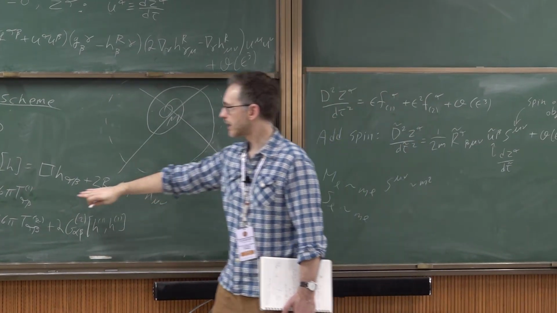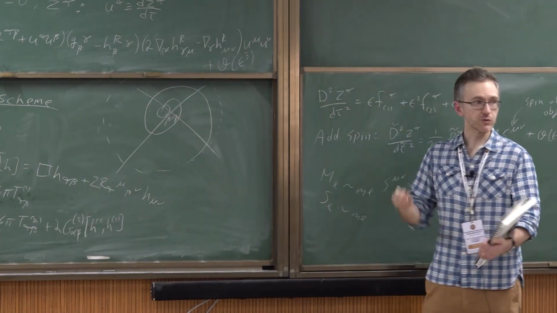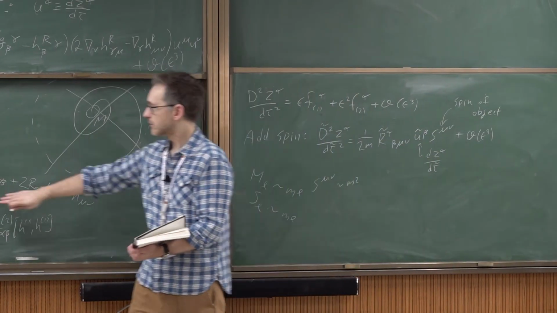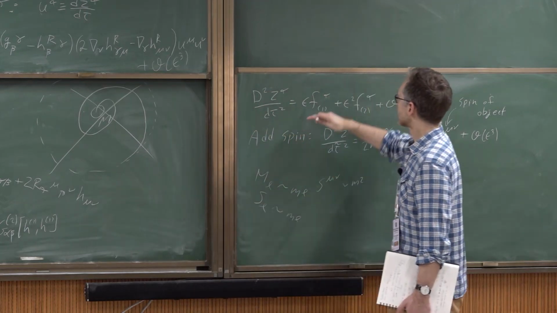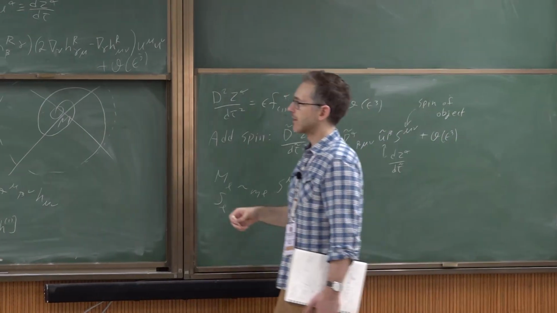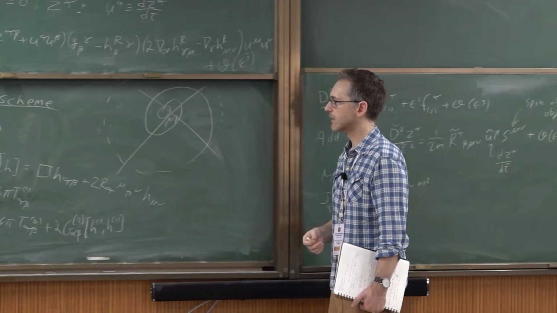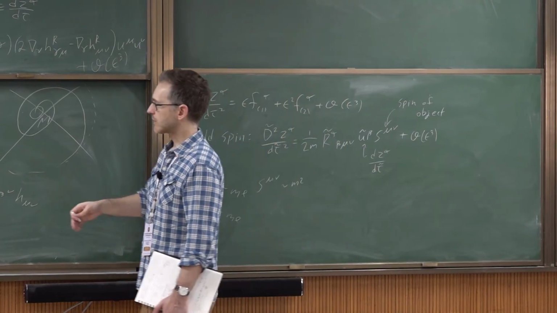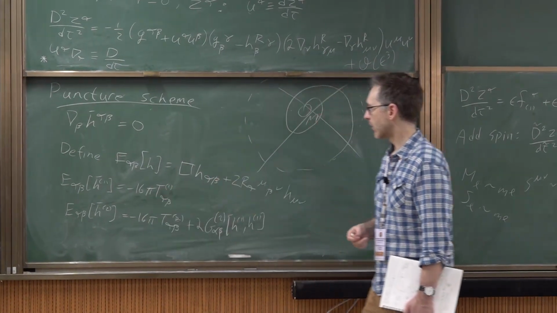We want the actual inspiraling trajectory to be here. So once you gauge fix your equations, then that's fine. Then I can put any trajectory here. But I'm going to impose this trajectory. And once I've done that, then if I keep going to higher and higher orders, I'm guaranteeing that I'm solving the original full Einstein equation. So this is just a way of splitting it up into a first order piece and a second order piece with a non-geodesic source.